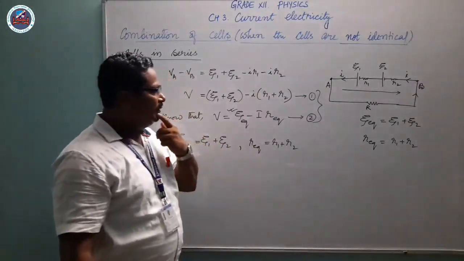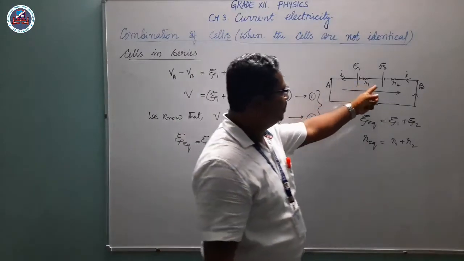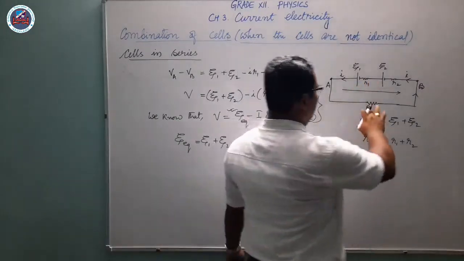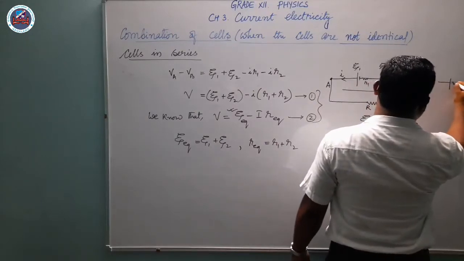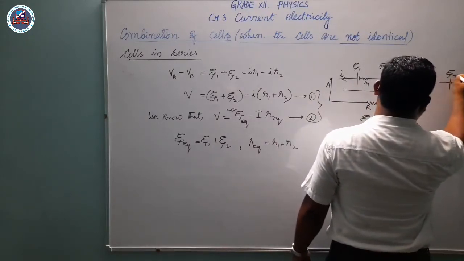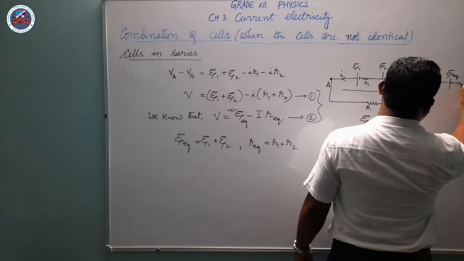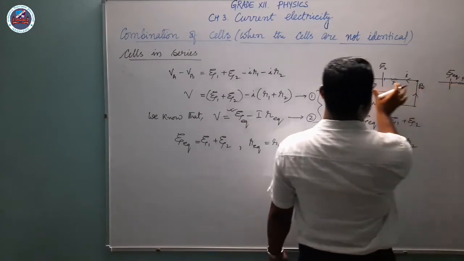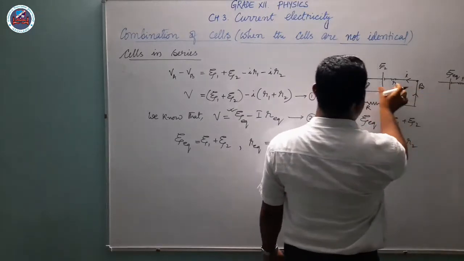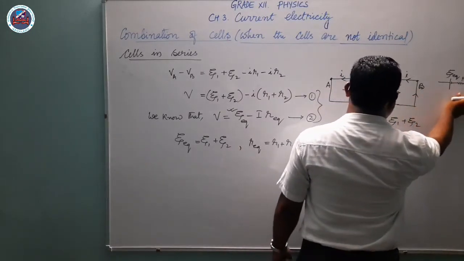But now, suppose one of the cells has its polarity changed. Now, if I say equivalent, what does it mean here? Here it will look like this. This is EMF equivalent, and this is internal resistance equivalent. So two EMFs will group together as one, and internal resistances also will group together as one.